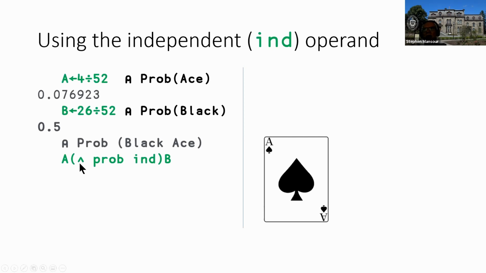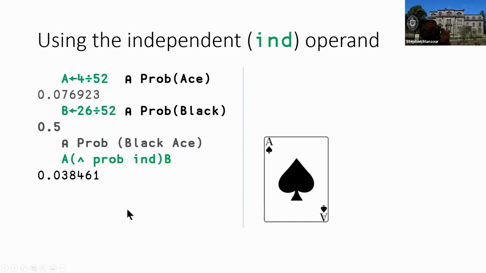The left operand is and, the right operand says independent. So I don't need a table, all I need are the probabilities. So and will replace the table, and I have A and B. It's simply going to multiply the two numbers together to get 0.38461, which I could have just said A times B, obviously.